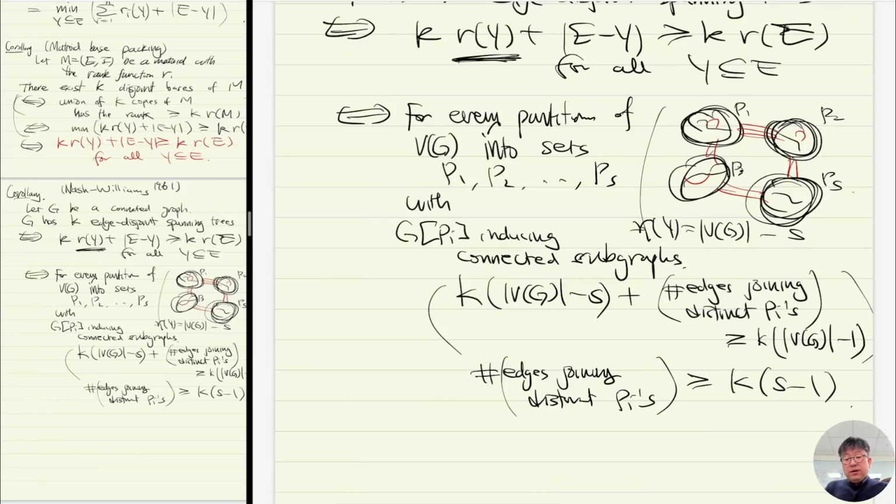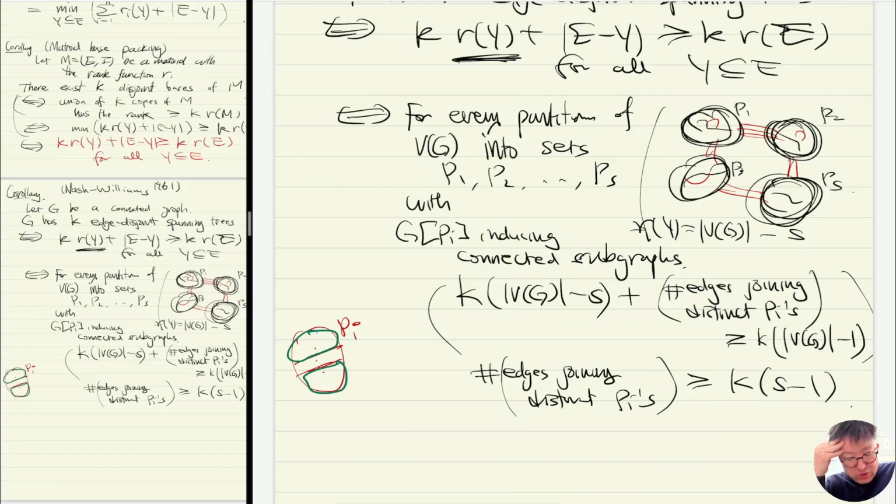Now, can you simplify it further? If Pi is not a connected subgraph, say there's no edge between two parts of it, then I can split it into two pieces.